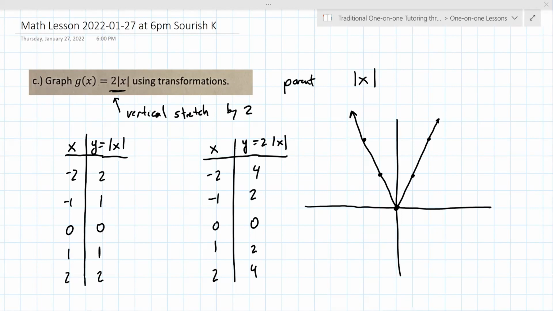You got this down? Yeah, I got that down. All right, so now we're going to move on to the next part here, which is average rate of change.